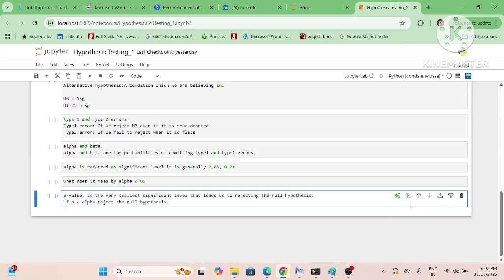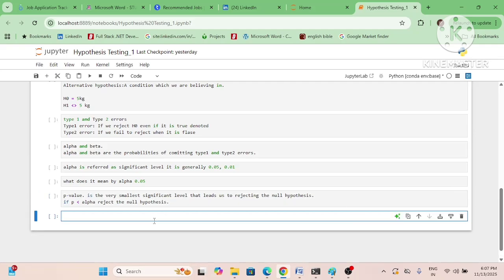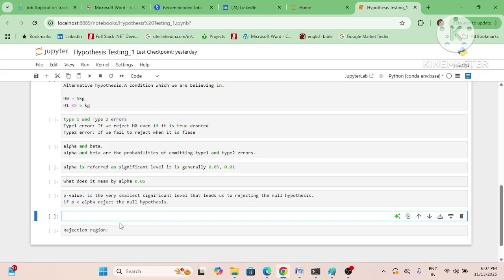Two more terminologies we can learn here. What is rejection region? Before that, let's see what is test statistic.